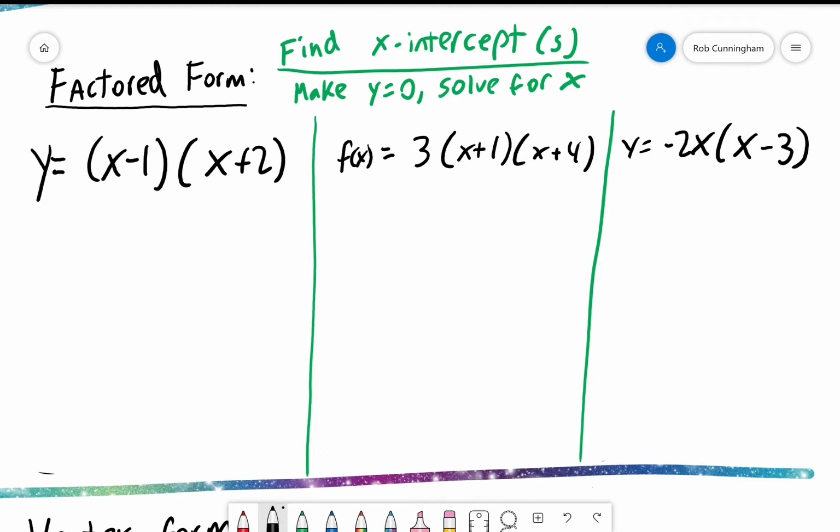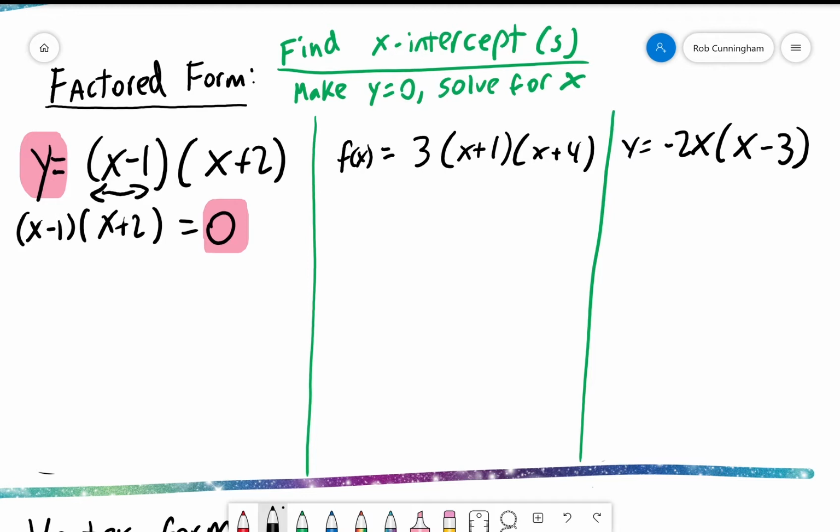So in this case, I get x minus 1 times x plus 2 equals 0. I have taken y and I've substituted in 0. I've also, if you may have noticed, switched sides. I just prefer to have my x's on the left, but it really doesn't matter. You can have them in whichever order you want.